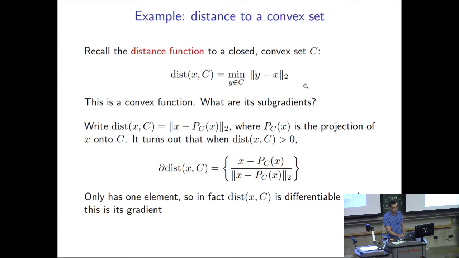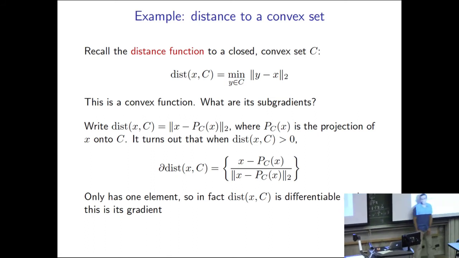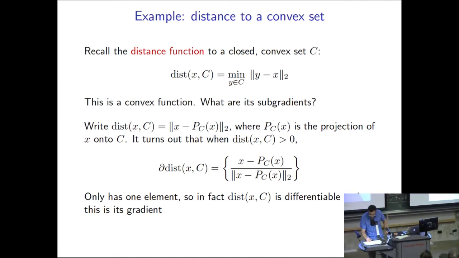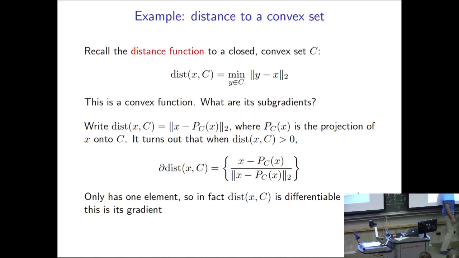It's an interesting example in which the subdifferential only has one element. That element is just the difference between x and its projection onto C, divided by its norm. Provided that x is not on the set already, or not on its boundary, this is going to be positive, and so this is well defined.